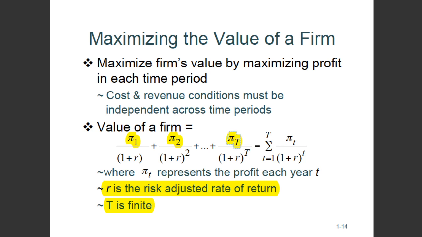So that amount off in the future is not the same as if I was to get this amount today. So we have to apply this discount rate. Where does this idea of the discount rate come from? This is what we call it: the risk-adjusted rate of return, R, or you may have heard it referred to as a discount rate.